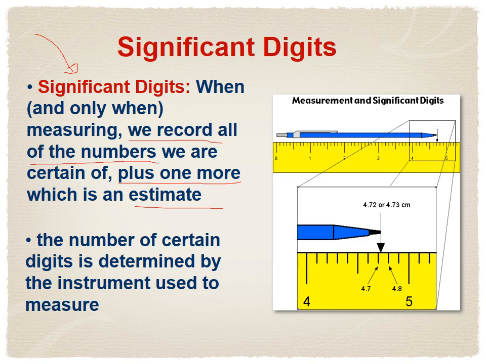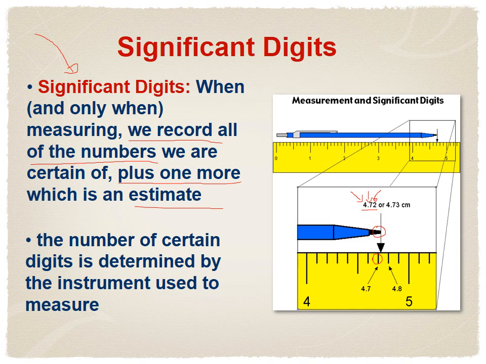For example, if I recorded this pencil length here as 4.72 centimeters, I'm certain of the 4.7, because it goes up to the 0.7 over here. But if I just wrote 4.72, scientists would know that there's some uncertainty here.